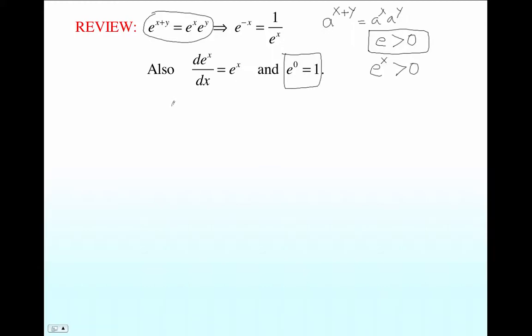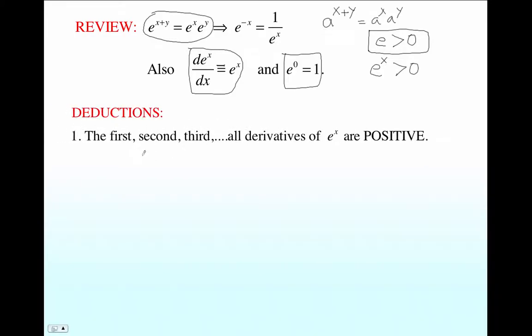Now, using just the fact that the derivative of the exponential has to be the exponential, that is a definition. Using that, we will make some important deductions. First of all, that all the derivatives of the exponential are positive. And that's actually very easy to see, because if f of x is written as e to the power of x, then f prime from here has to be f itself.